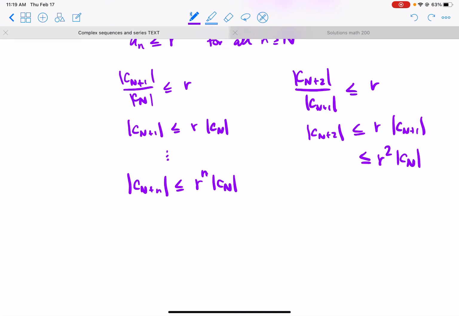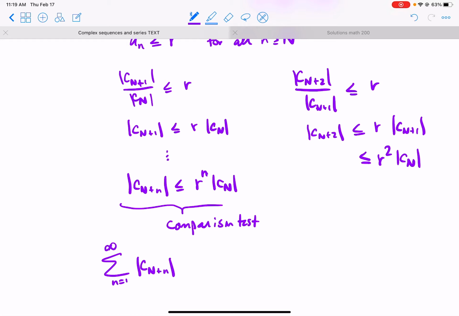But that's great. So this will give us our comparison test. If I put these as the terms of a series and put these as the terms of a series, let's take this series where the little n is going from 1 to infinity, then this one converges since this one converges.